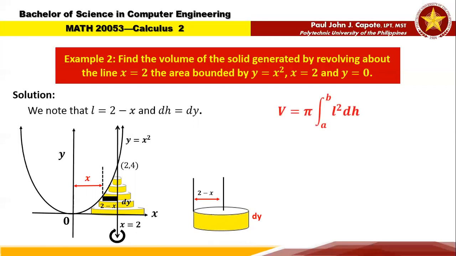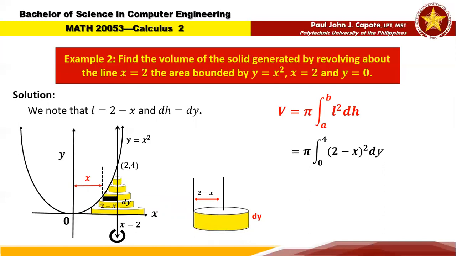Using the general formula where L is equal to 2 minus x and dh is equal to dy, we have volume equal to pi times the definite integral of the quantity 2 minus x squared dy from 0 to 4. Since we are integrating with respect to the variable y, then we need to replace the variable x in the integrand.